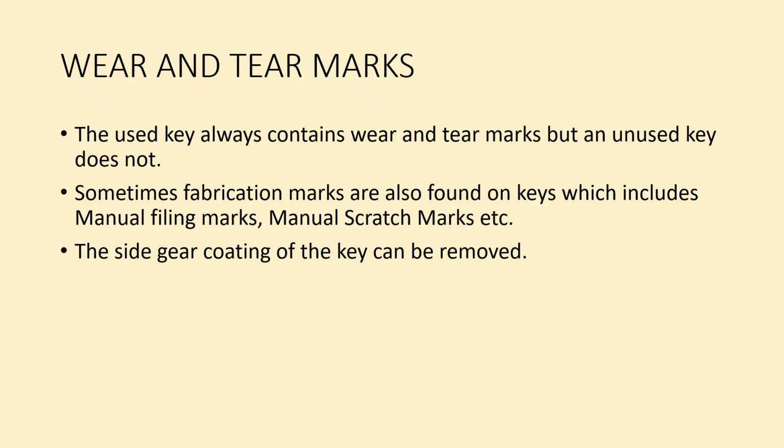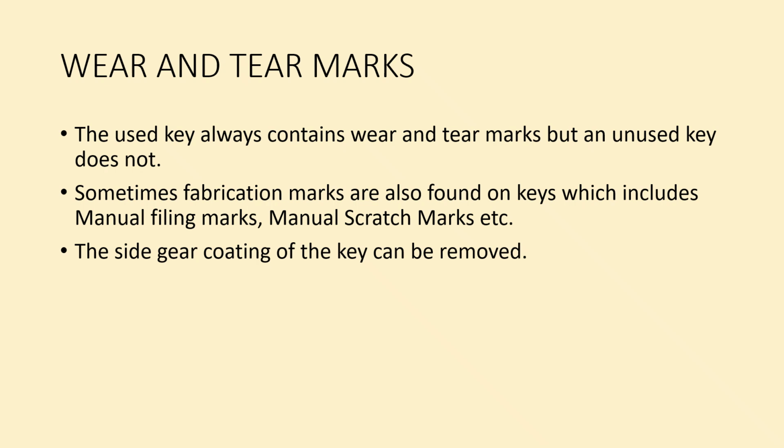Wear and tear marks. When you use a key, it has wear and tear marks. Along with the wear and tear marks, we also find other types of marks on the key, which are called fabrication marks. These fabrication marks may include manual filing, which means when we use a cutter or any other thing and rub the key surface with it, marks are formed on the key, which are the manual filing marks.